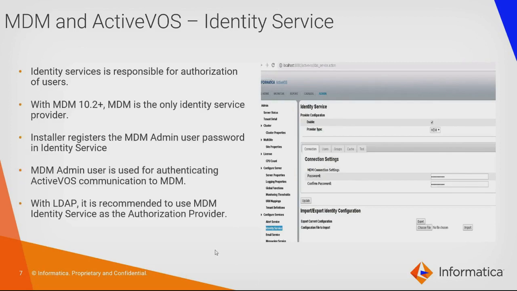We will cover in a couple of slides how MDM identity service is used to authorize users, but it should be installed by default during the installation process, and it relies on the MDM admin user password to be registered. If you use an external authentication system like LDAP, we still recommend that you use MDM as your identity service provider for authorization purposes, because you don't want to maintain the user role mapping for human tasks in two different places.